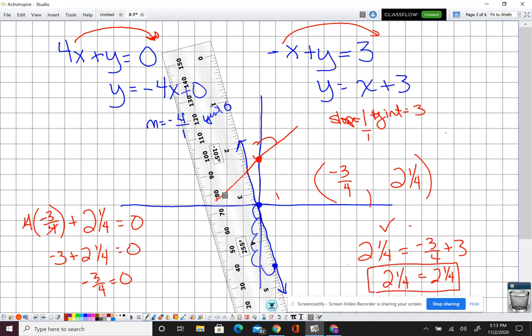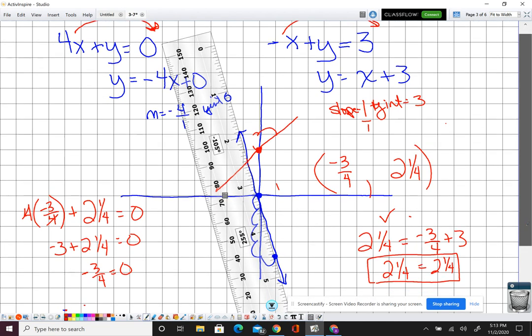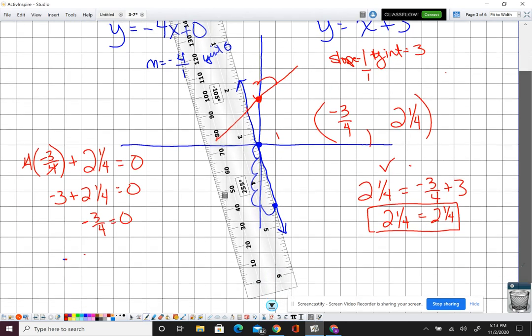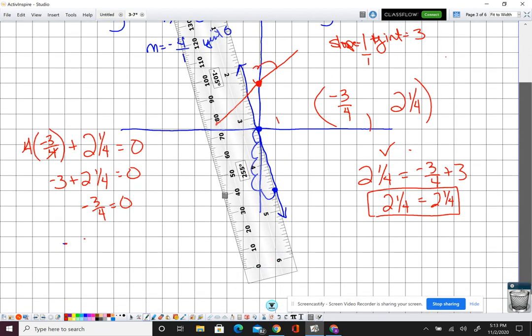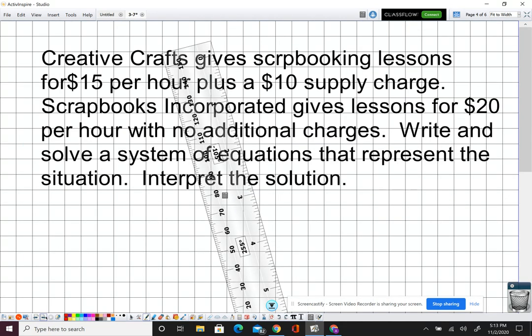So it's going to be somewhere right around in that area, but not exactly negative 3/4 and 2 1/4. Okay, so that's all right. It doesn't have to work out perfectly because our graphs aren't going to be perfect. But we did interpret our graph to the right area.